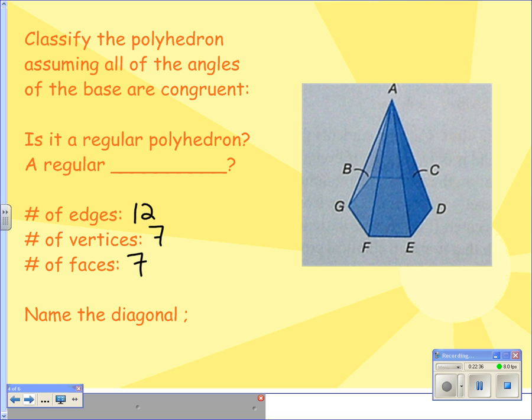CF. That's just a diagonal of the hexagon. Is it a diagonal of the figure? Did it leave that face? It's still on the same face, so that's not a diagonal of the figure. That one. Is that a diagonal of the figure? It didn't leave the face. It stayed on the same one. Using the points they give you.